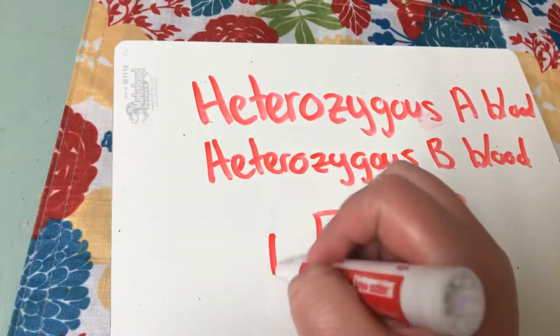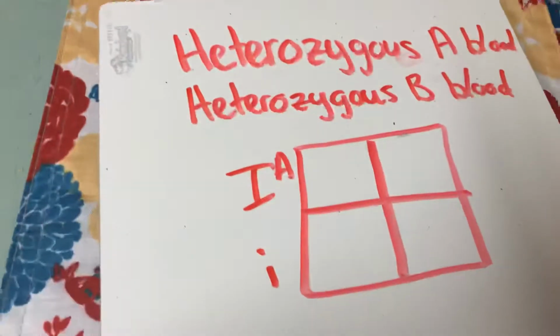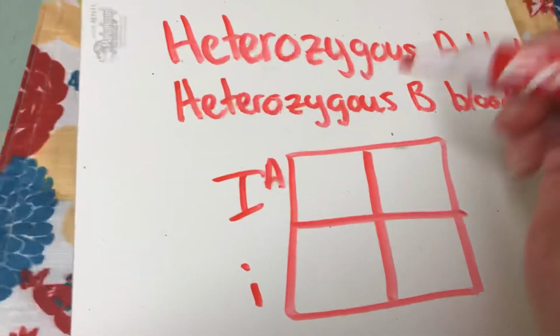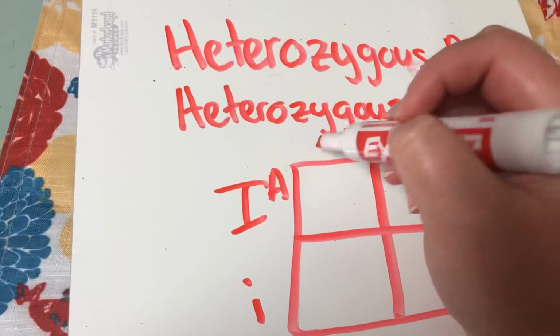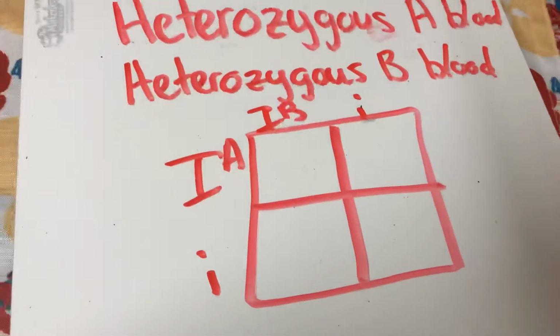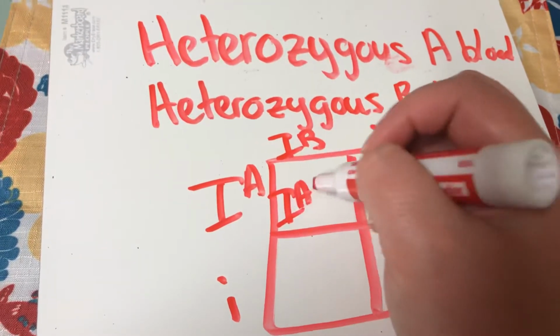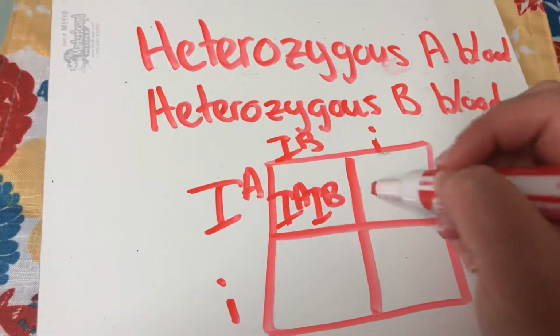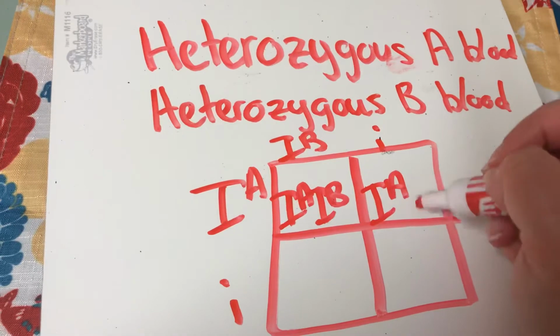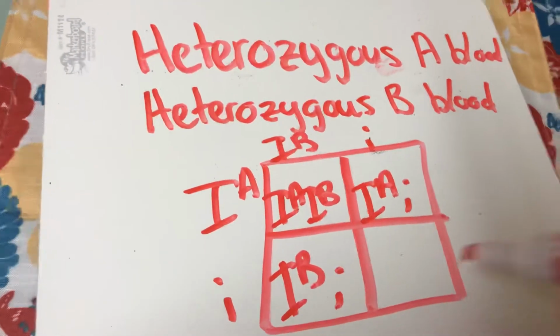We have IA lowercase i, and heterozygous for B would be IB lowercase i. Okay, and I fill in my Punnett square like normal. We've done enough of these that we should be good at this part.